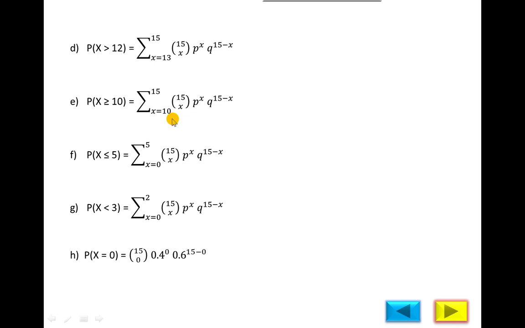But all the values when n is from 0 to 20 and x is from 0 to 20, with different values of p equal to 0.1, 0.2, 0.3 up to 0.9, are given in your book in the binomial probability distribution table. Now we will solve the same question again using the binomial probability distribution table.